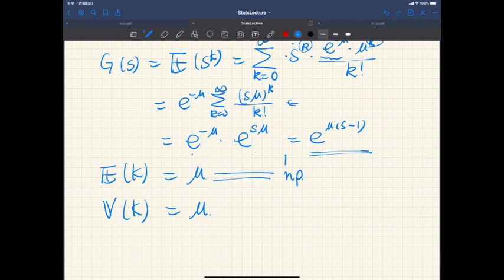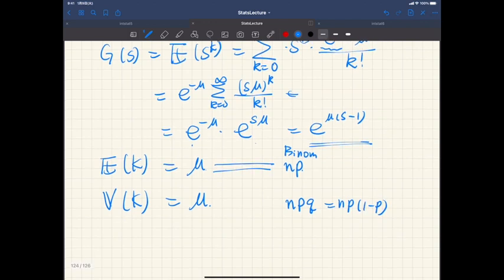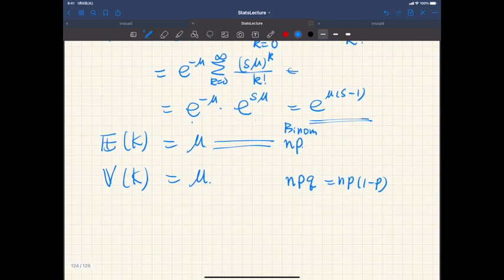And in the case of binomial distribution, the variance of the random variable was npq, and q is 1 minus p, remember? But in our limit, p approaches 0 and n approaches infinity, but their product is kept constant, which is actually mu.